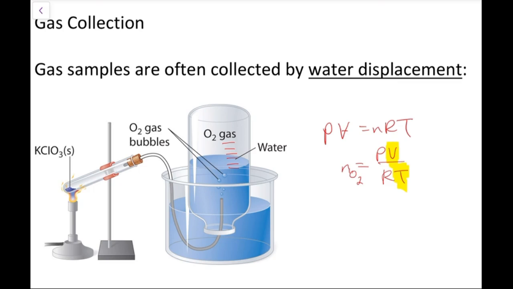The other gas in the container with the oxygen, and you may have already guessed this, would be evaporated water. So there's always going to be some water evaporating from the surface of this liquid water, and that water vapor actually accounts for some of the total pressure in the sample.